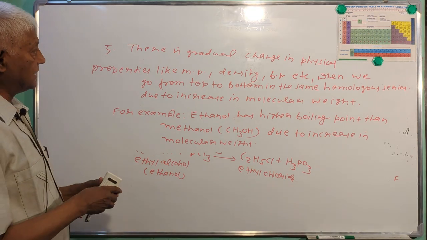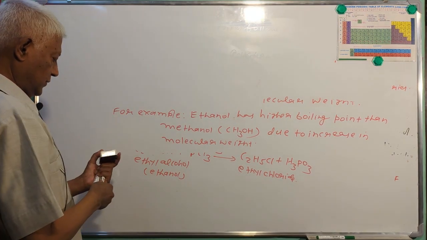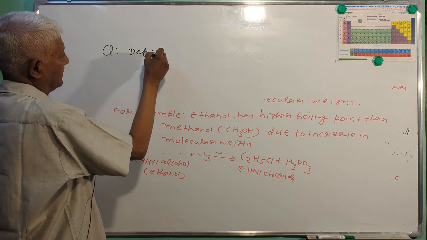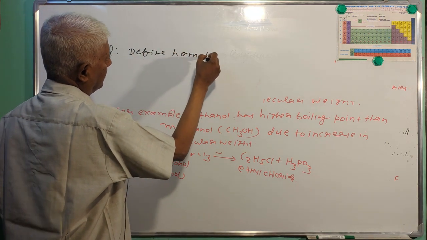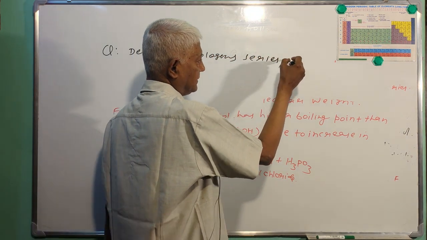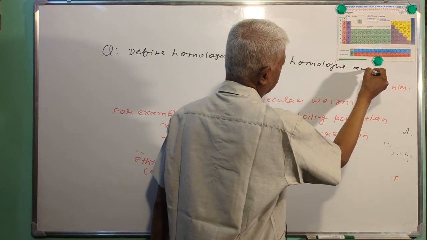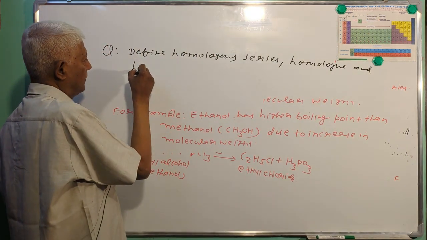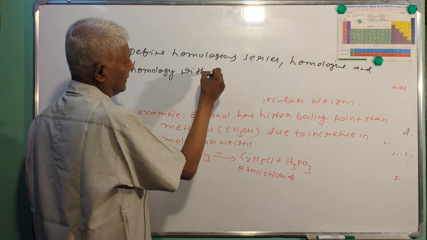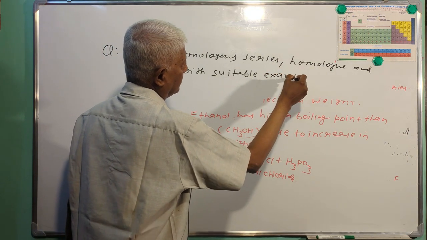So, the question is like this. Define homologous series, homolog and homology with suitable example.